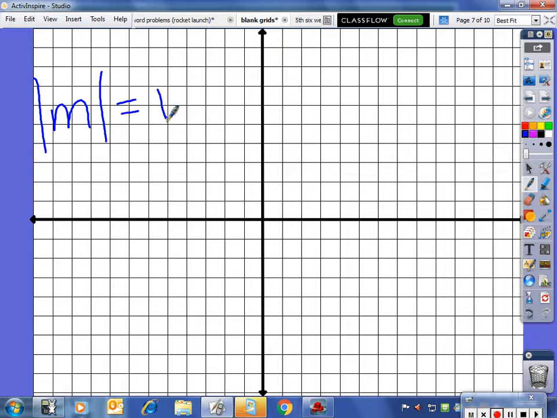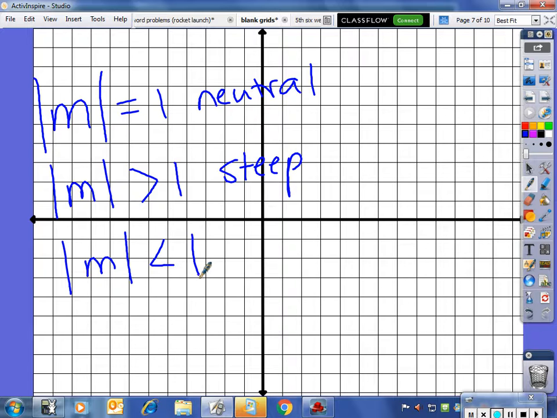If it equals 1, we call that neutral. If it's bigger than 1, that's when it gets steep. And if it's less than 1, then we call it flat. Okay, so slope will tell us whether it's steep or flat.